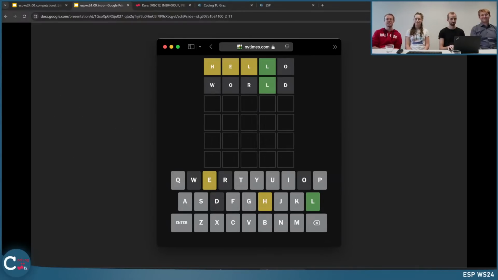Now the question is, what does this look like? What is an assignment? If I show you this screenshot here, probably many of you know this game. It's Wordle, which was released probably some years ago. This game is an example of what you could implement, and it's not an arbitrary example. You will implement this game through this semester.